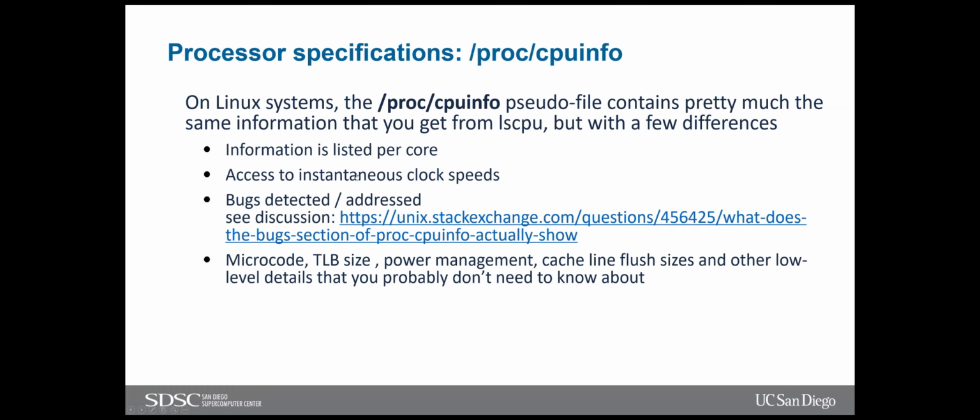So for instance, if you were interested in what the clock speeds were for each individual core, we can check for that. In addition, this is kernel information. It will give you information about any bugs that it detected or addressed, and also some other low-level information like microcode, table sizes, and stuff like that.